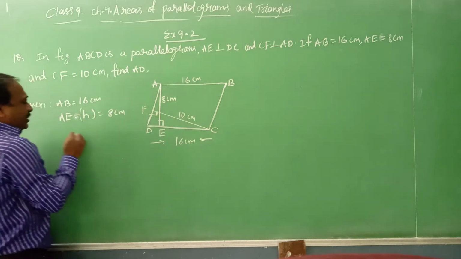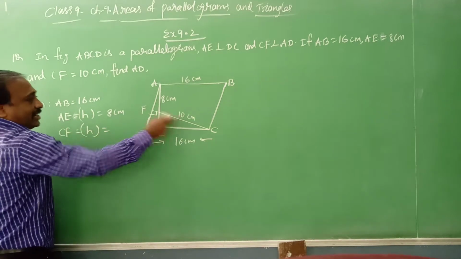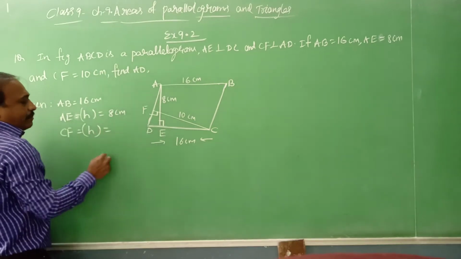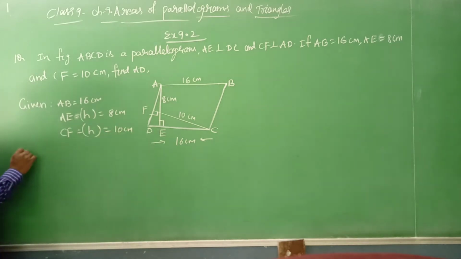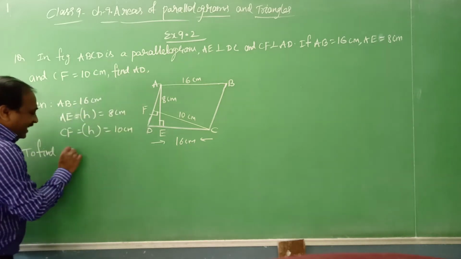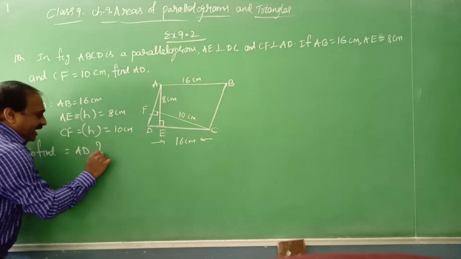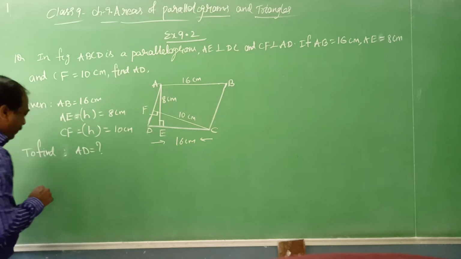And one more altitude is given, CF, which we also consider as an altitude because this can be a base, that is 10 centimeters. And we have to find out AD. What is the length of AD?